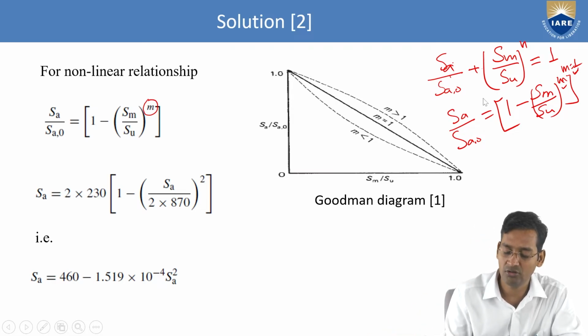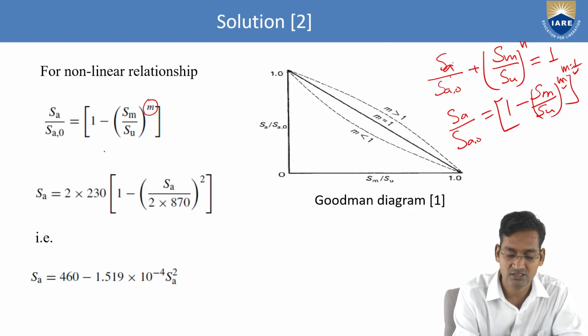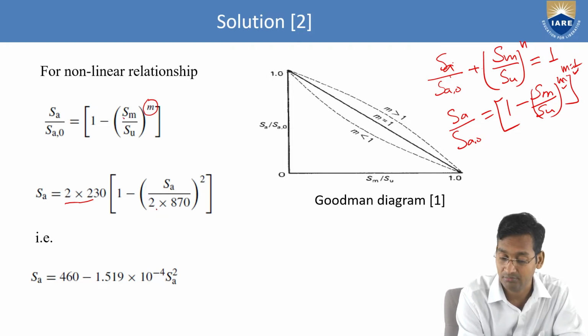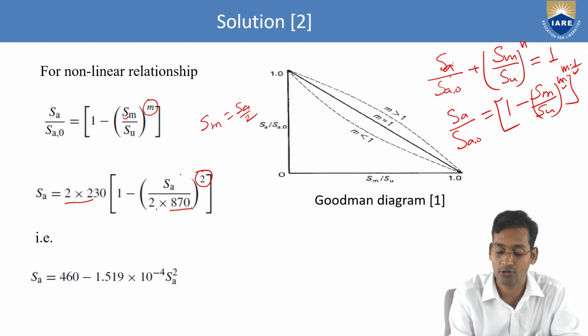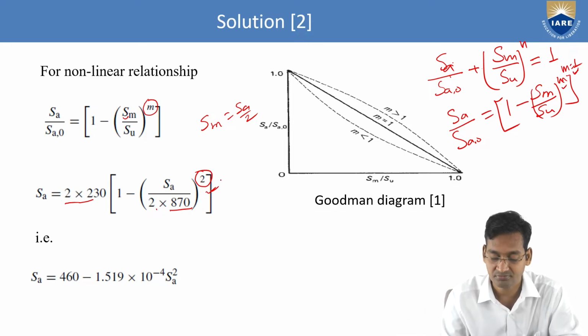Now in the same way you have to do it, just the difference will be here: 2 into 230, this one is clear. Just change SM equals SA by 2, which we had seen earlier, and this 870 is already given. Here the only difference will be this power. Now this power makes a difference, so you cannot calculate directly, right?